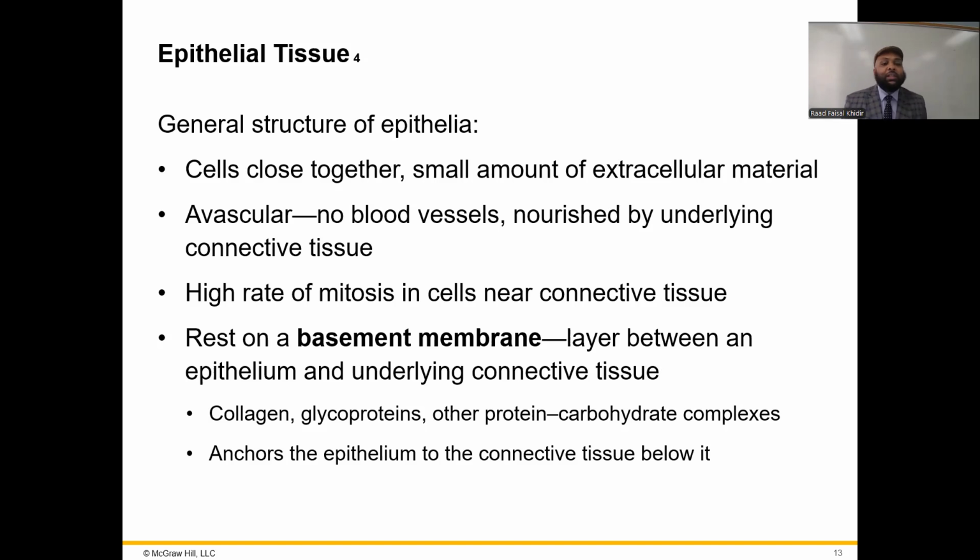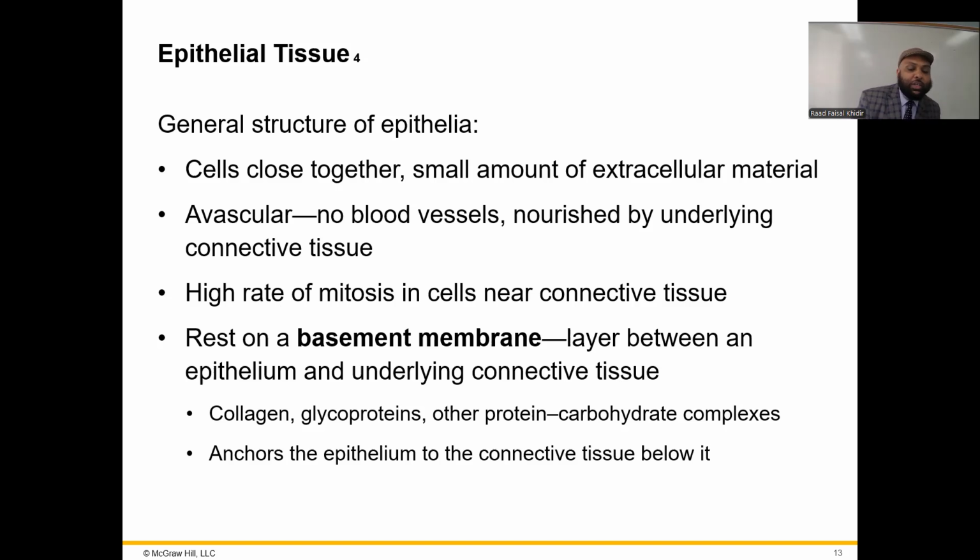Epithelial tissue rests on a basement membrane, a layer between the epithelium and the underlying connective tissue.